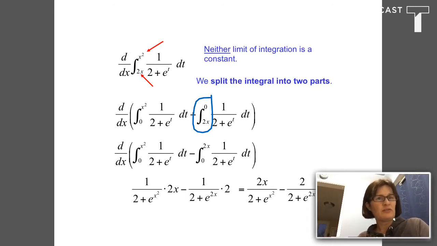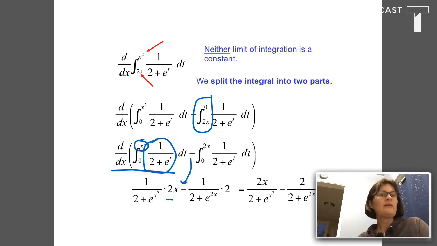And now, for this first part, I'm going to use the chain rule. I'm taking the derivative with respect to x. The lower limit is a constant, the upper limit is a function of x. So I'm going to take that integrand, change all the t's to x squareds, and then use the chain rule, so multiply by the derivative of that upper limit. And then I have the subtraction sign I had here. I'm going to take this 1 over 2 plus e to the t, change all the t's to 2x, and then use the chain rule, so multiply by 2 at the end. So there's your last example.